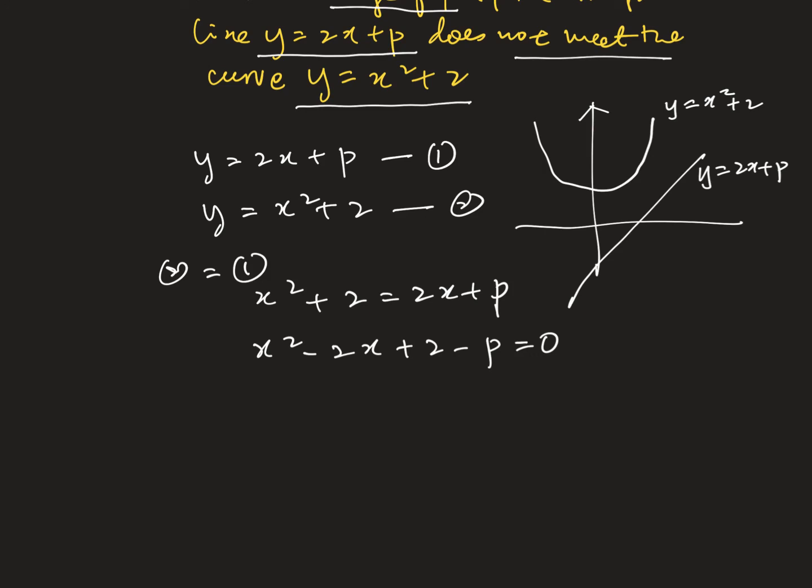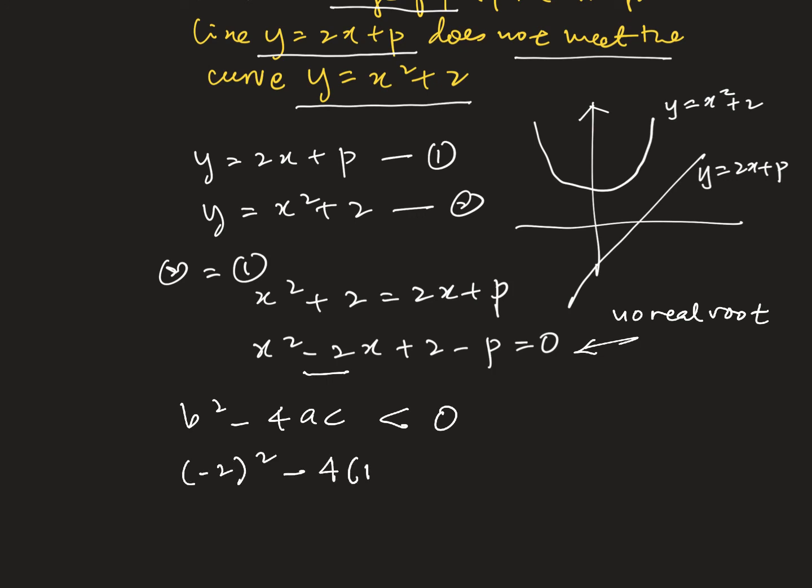Since they do not meet, there is no real root to this quadratic equation. So the discriminant b squared minus 4ac will be less than 0. So b is negative 2, squared, minus 4, a is 1, the coefficient of x squared, and c is 2 minus p. This is less than 0.